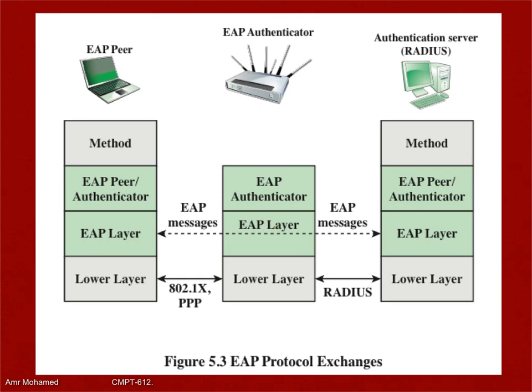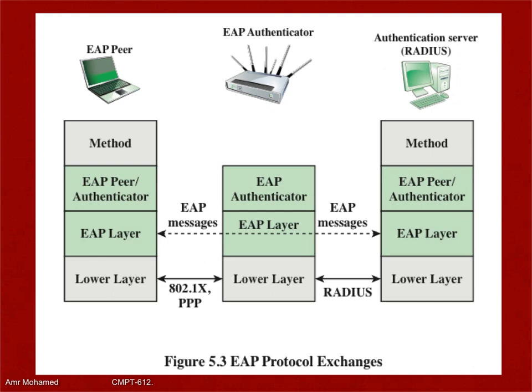Then, by doing this, the EAP peer will send some messages using the EAP protocol, which is encapsulated in 802.1x or PPP. 1x in the case of multi-access LANs and PPP in the case of point-to-point nodes. Okay, so this will go through the authenticator and then will be tunneled through the RADIUS protocol to the authentication server in the back end, whether this is IKE or TLS or whatever.